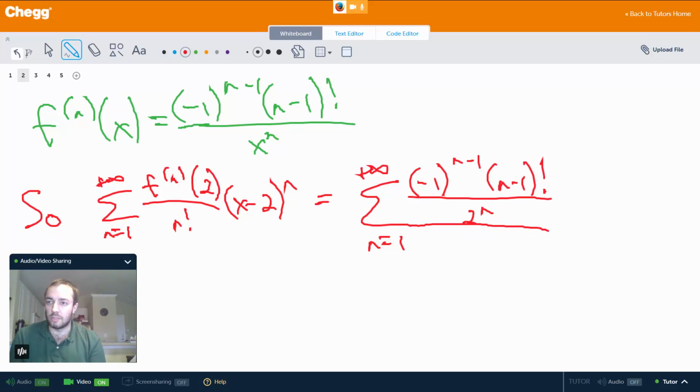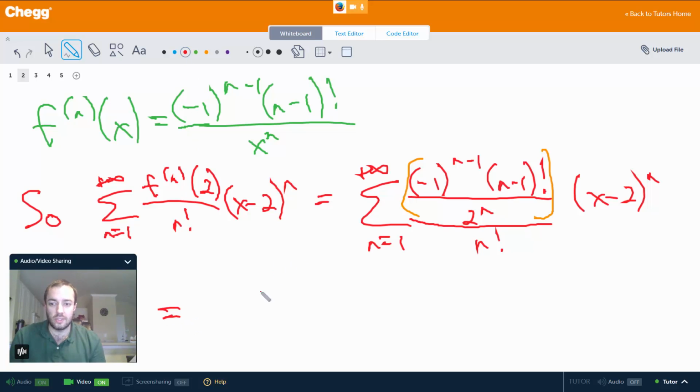So dividing, let's maybe make that easier to see. Dividing by n factorial. And then we still just have x minus 2 to the n. Okay? So dividing everything by n factorial there. And let's go ahead and simplify a little more.